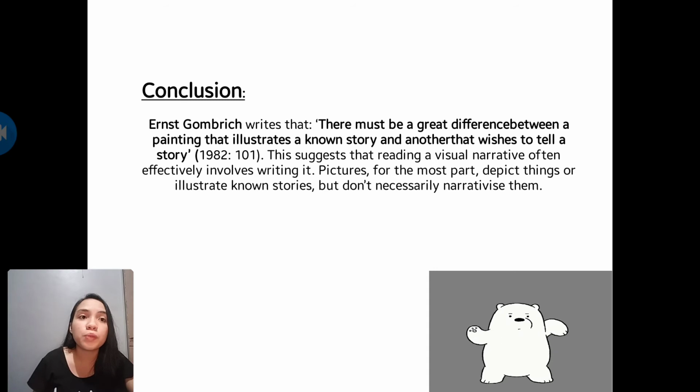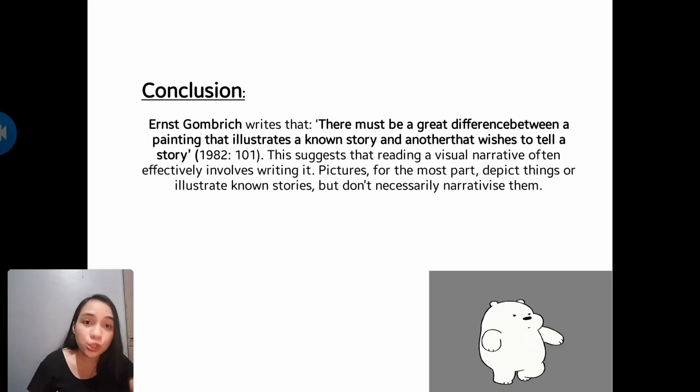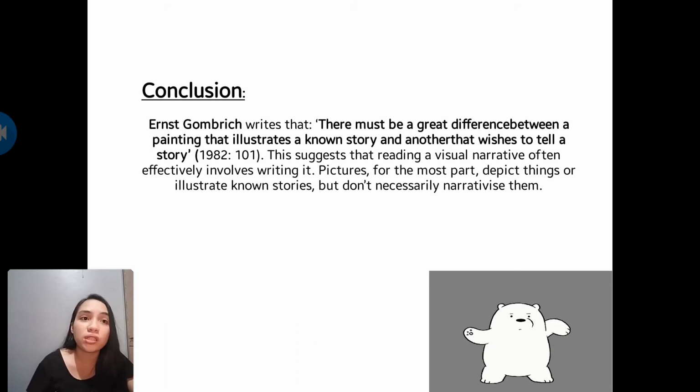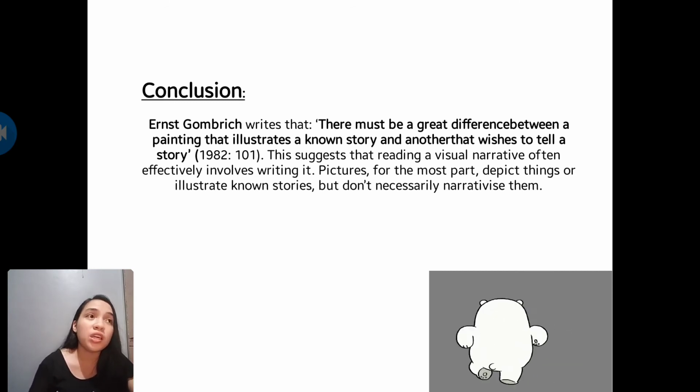Pictures for the most part depict things or illustrate known stories. So for Ernst Gombrich, the pictures or visuals can depict or can illustrate stories, but don't necessarily narrativize them. For him, an image cannot narrate a story.